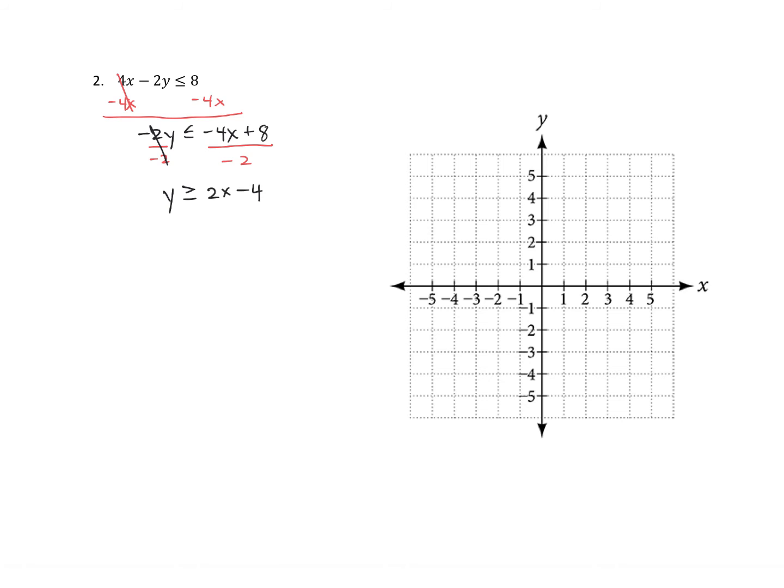So since my y is by itself on the left-hand side, I can now decide how I'm going to shade, and I can decide if my boundary line is going to be solid or dotted. All right, so let's walk through that. So my boundary line, I'm going to graph this as if it was an equation. So the slope is 2.